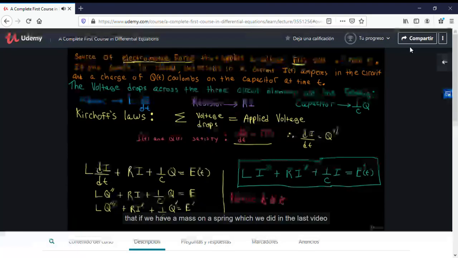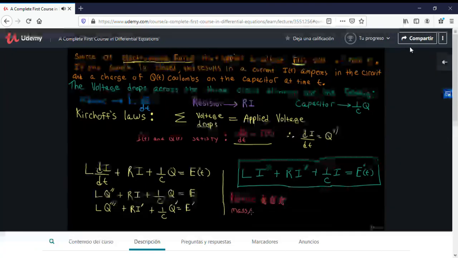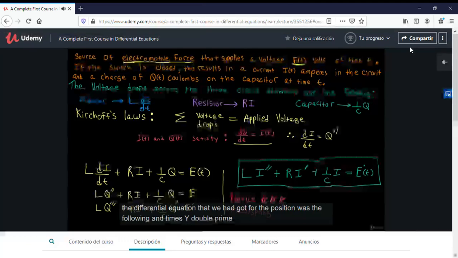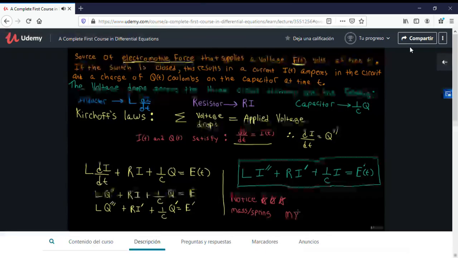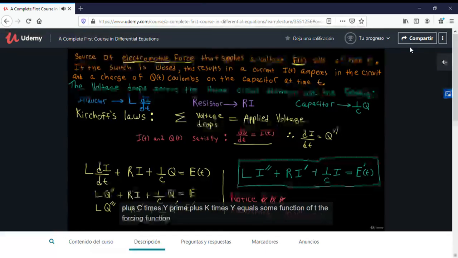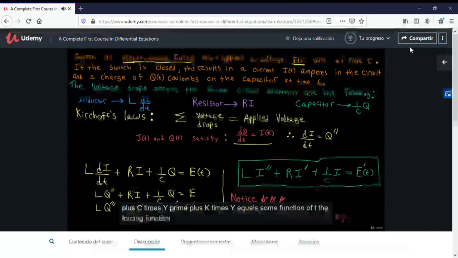Notice that if we have a mass on a spring, which we did in the last video, the differential equation that we got for the position was the following: m times y double prime plus c times y prime plus k times y equals some function of t, the forcing function.